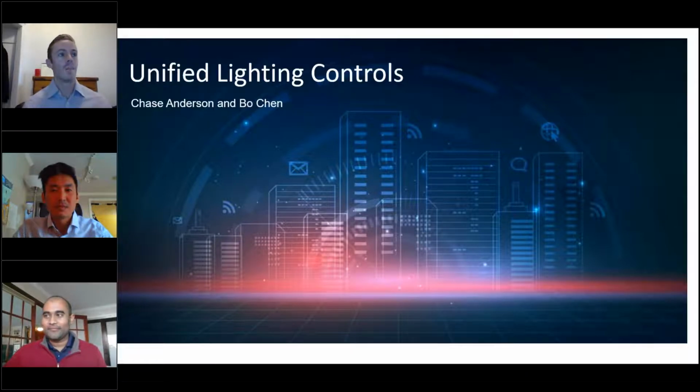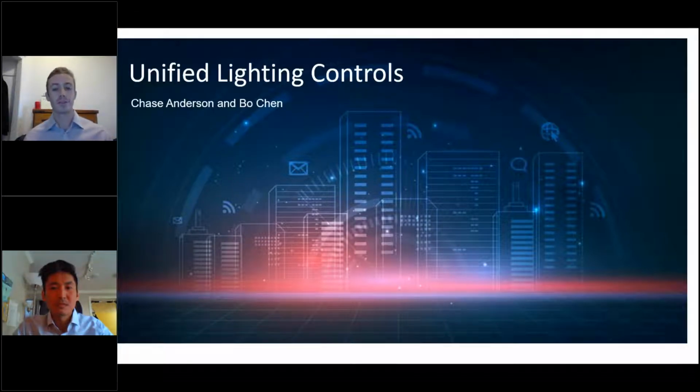Thank you, guys. I'm going to kick us off here and pick up where we left off yesterday, and then I'm going to hand it over to Bo to bring it on home for us as far as the unified lighting controls portion of this workshop goes. Yesterday we laid out how a lighting controls platform forms part of a building's operational technology stack.